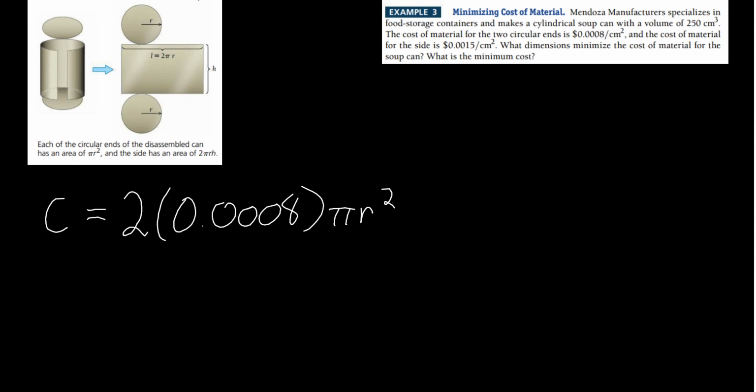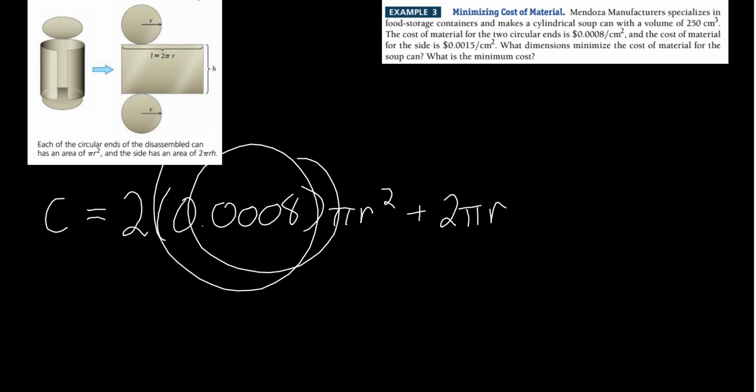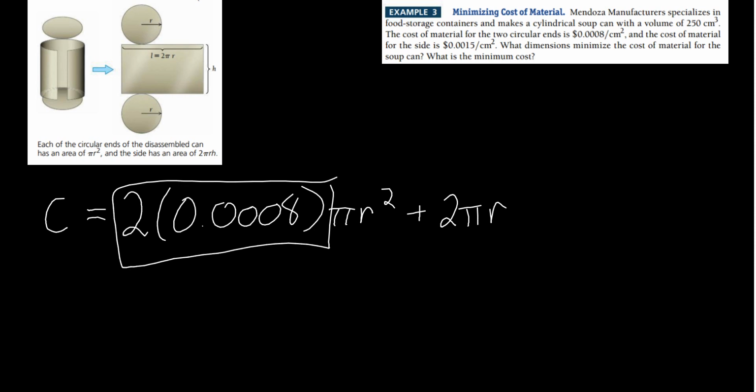Now I have to take care of the middle part. The cost is always going to be plus that amount. We know the side costs 0.0015 cents per square centimeter. The side is going to be 2 times pi times r, multiplied by the height. It's like what we did here, where we inserted 2 times this into our area of the circle.